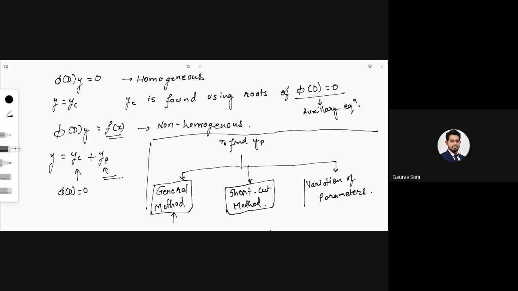So in today's lecture, we will see how to find this yp. Yp is called the particular solution. So we will find the particular solution using the general method to find yp.